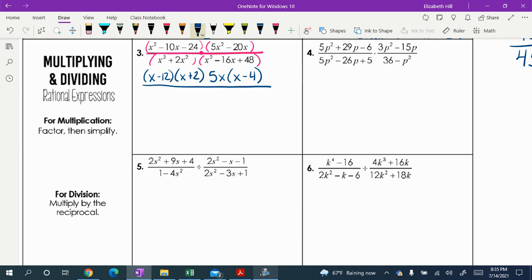Down in the denominator here in that first factor, I can take out an x squared and I'm left with x plus 2. And then x squared minus 16x plus 48. Let's see, we can do an x and an x. And I want a negative 12 and 12, that'd be 48. So plus 48. Oh, sorry, minus 48. I'll change that.